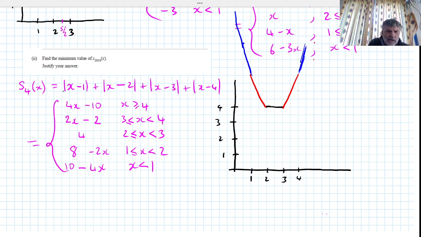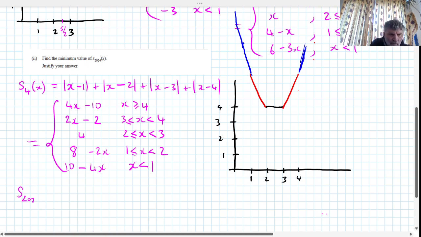We're going to start off for S 2024 with x minus 1 plus x minus 2 plus all the way up to plus x minus 2024.